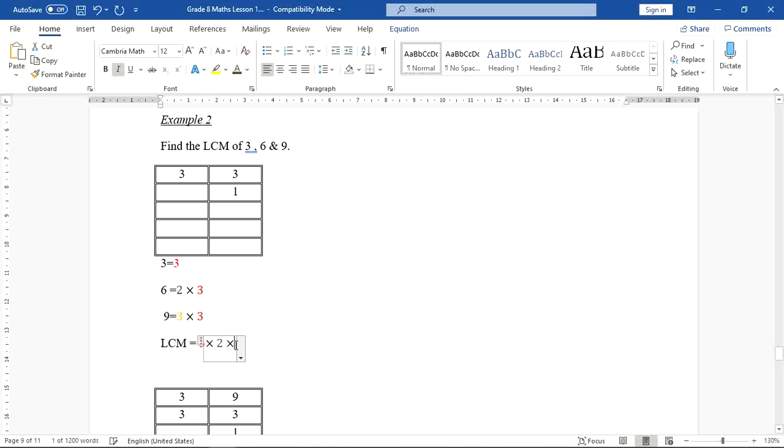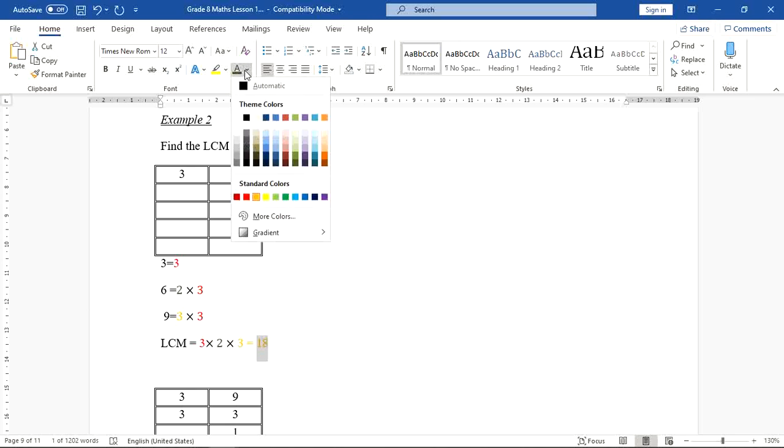Copy it, bring it here and paste. That gives us 3 times 2, which is 6. 6 times 3 is 18. So the lowest common multiple of these 3 numbers is none other than 18.